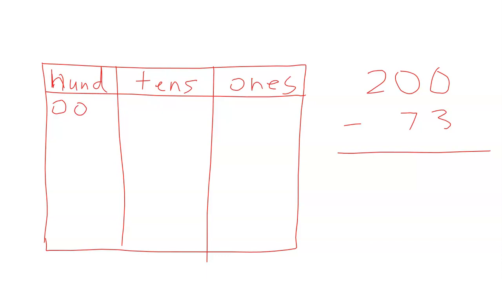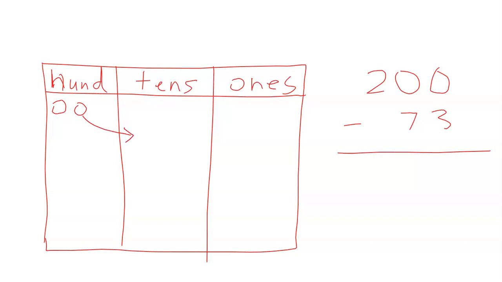Now I want to subtract 73, so I have to subtract 3 ones first. Well, I don't have any ones, so I have to look at the tens place. Can I take something from the tens place? No, I can't unbundle a 10. So I have to go all the way over to the hundreds place. And I'm going to go ahead and unbundle 100.